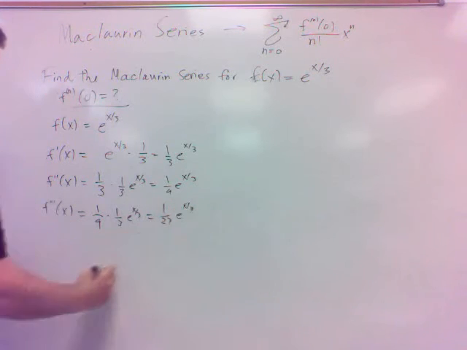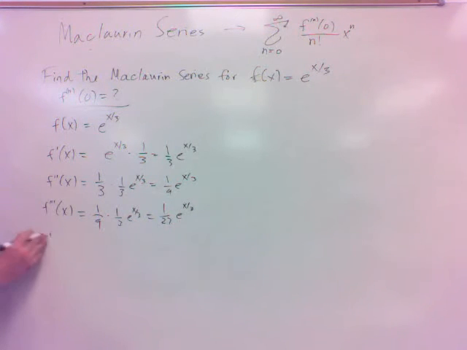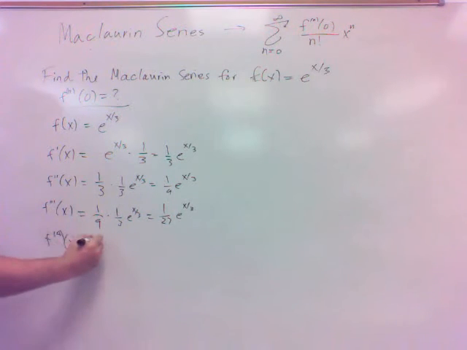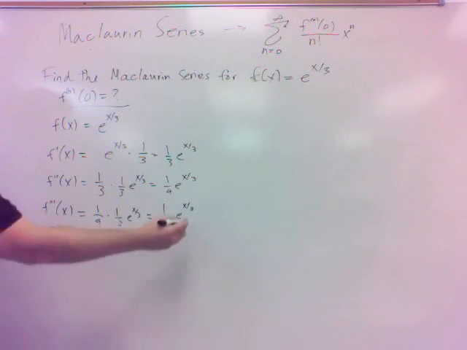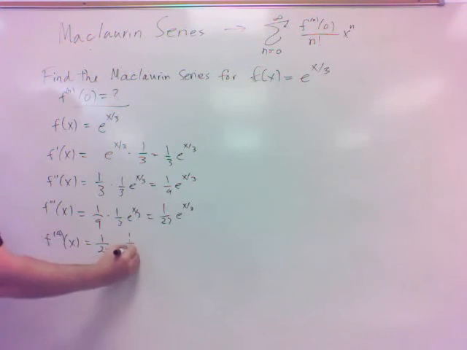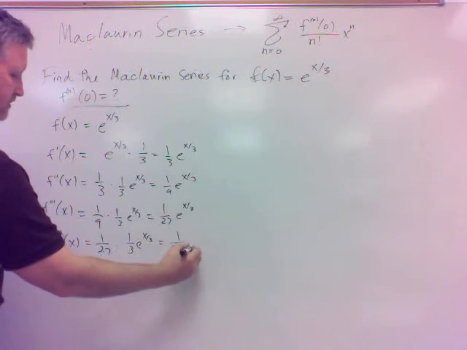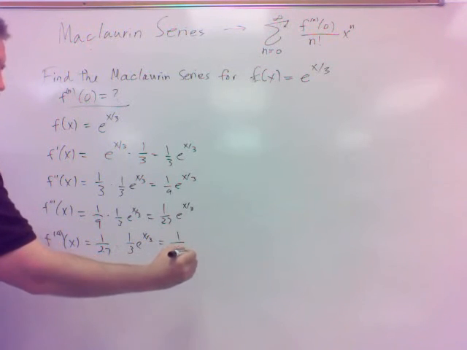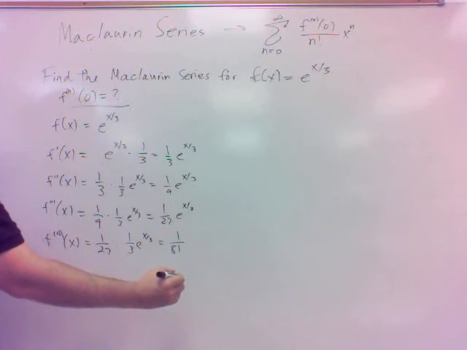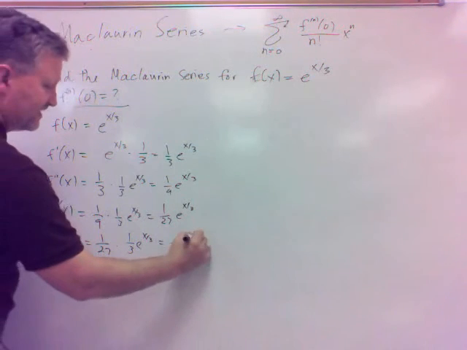With me? Fourth derivative, maybe we can see what happened. 1/27 times 1/3 e to the x over 3, which is 1/81 e to the x over 3.